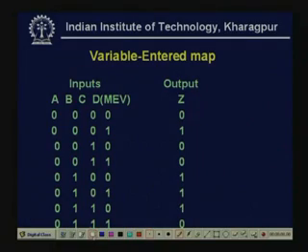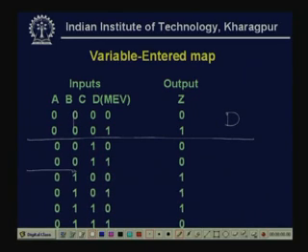Instead of that, we have reduced it into 3 variables. I have taken ABC as the normal variables and D as the map entered variable. So for the first one, the output Z is nothing but D.